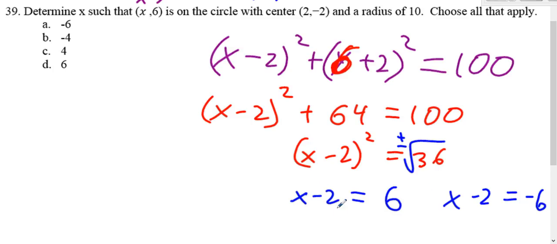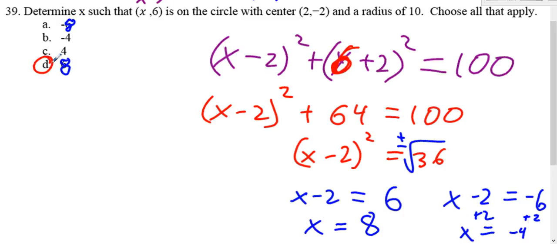So add the 2 over, we get 8. Add the 2 over, you get -4. So +8 and a -4.